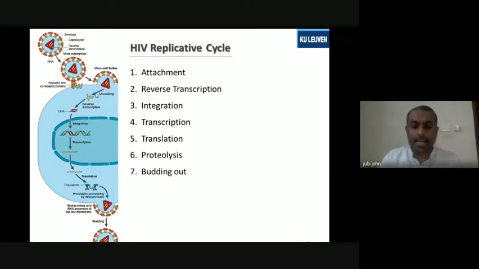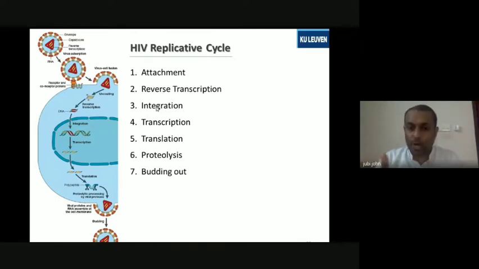In the third stage, the new DNA is incorporated into the host DNA, thereby forming a hybrid DNA. In the fourth stage, this hybrid DNA, during transcription, is converted into mRNAs. During the fifth stage, translation, the mRNAs are translated into polypeptide chains.